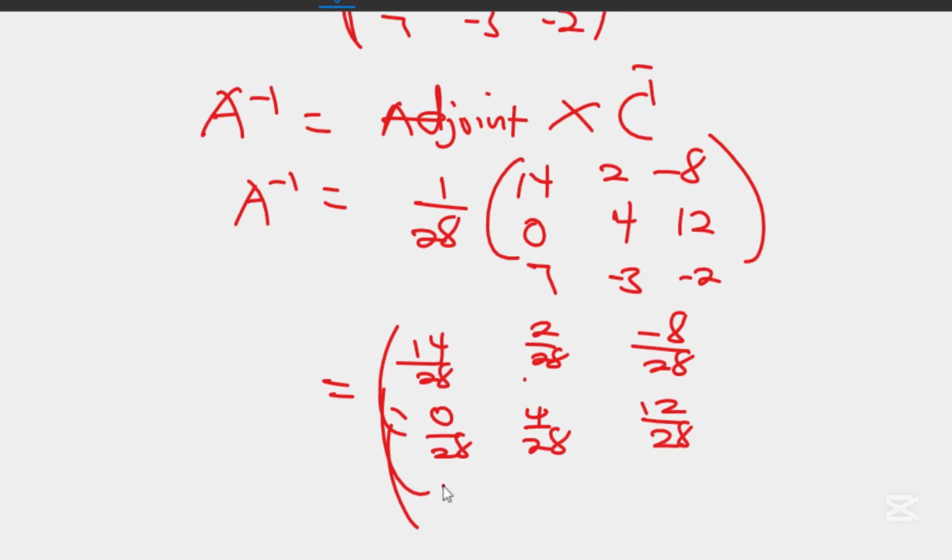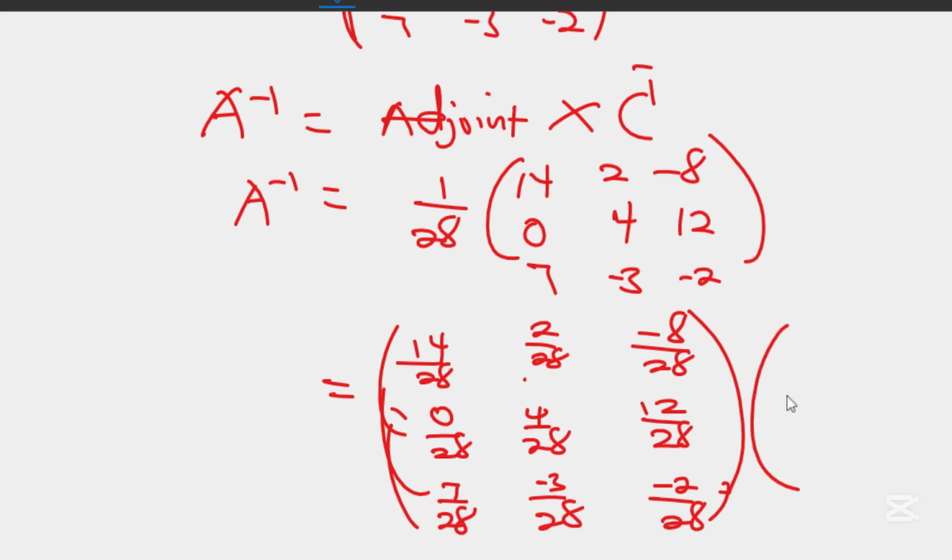Then you have 7 on 28, negative 3 on 28. And then the last one is negative 2 on 28, times the B, which is negative 1, 7, 0.